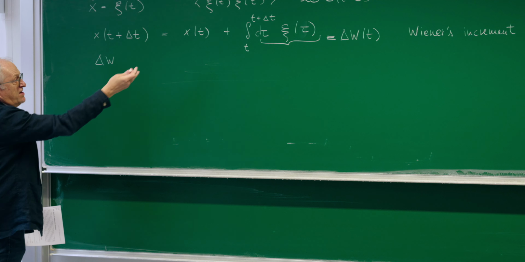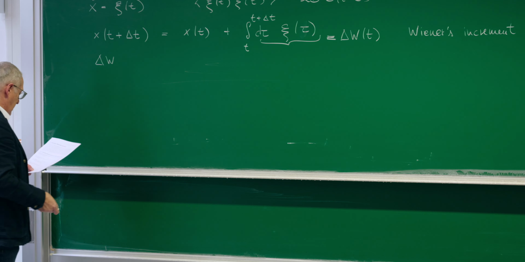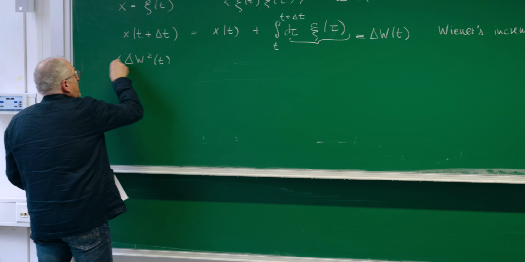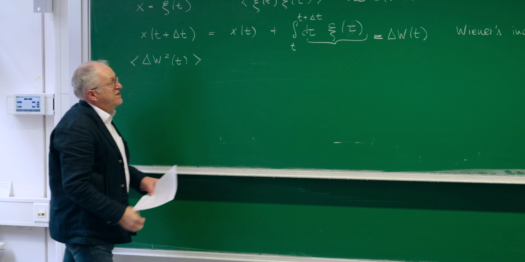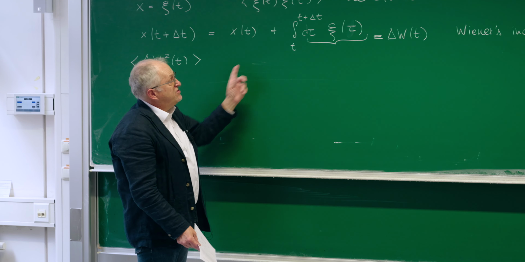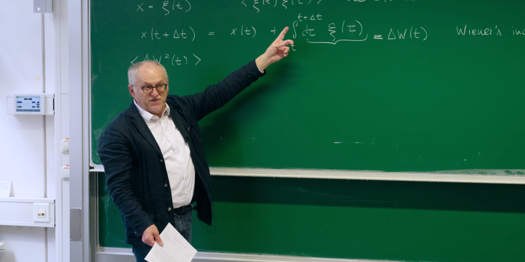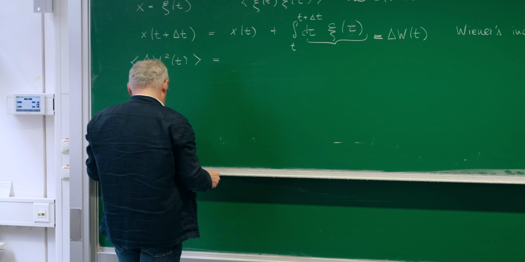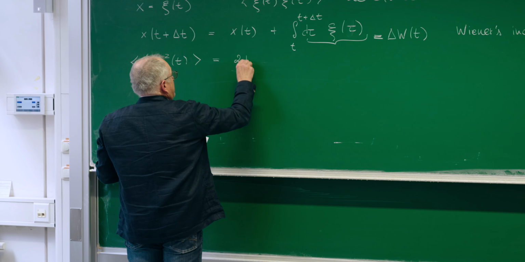All right, so let's then do the analysis in this form. So let's solve the Langevin equation by using this discretized form. We know, and you can do the math for yourself, if you take the delta w, square it, take the average, use the correlation function for the noise, then you get for the increment something that looks much nicer.